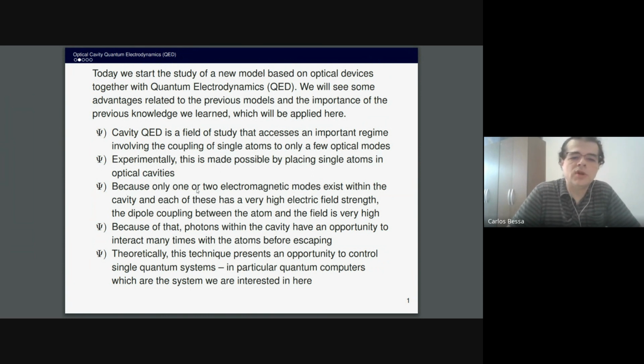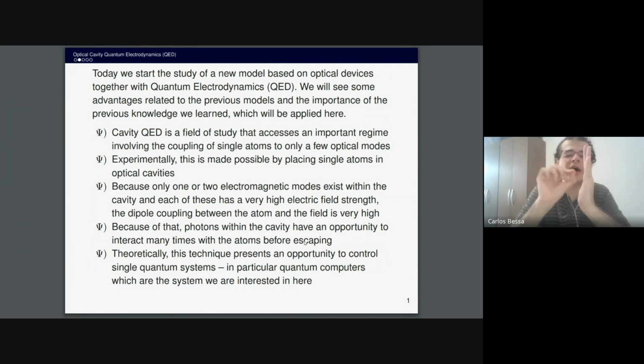Because only one or two electromagnetic modes exist within the cavity, and each of these has a very high electric field strength, the dipole coupling between the atom and the field is very high. Because of that, photons within the cavity have an opportunity to interact many times with the atoms before escaping.